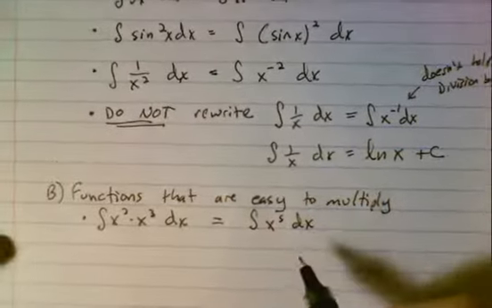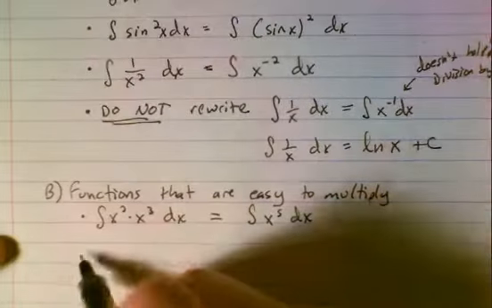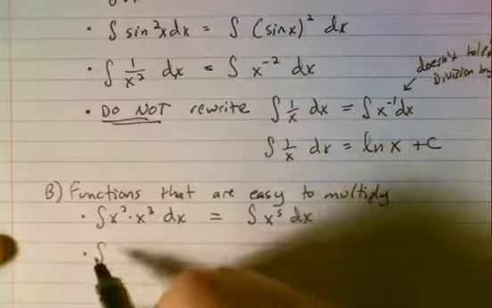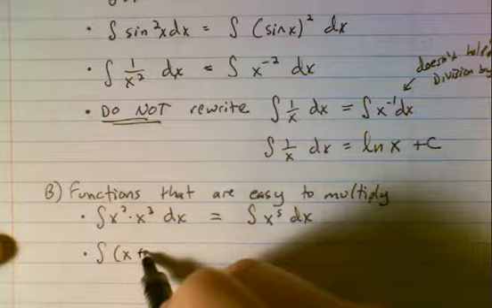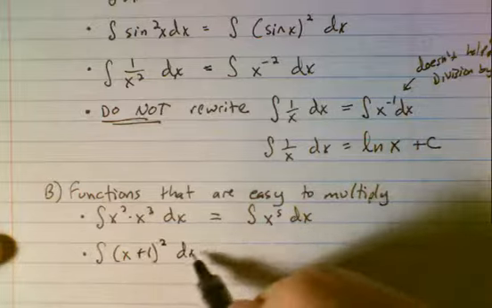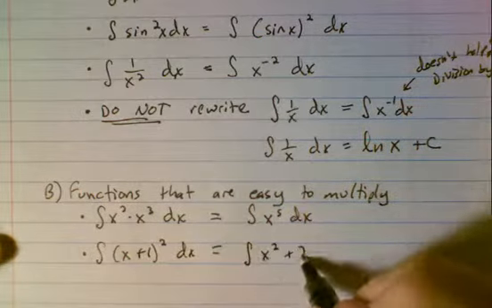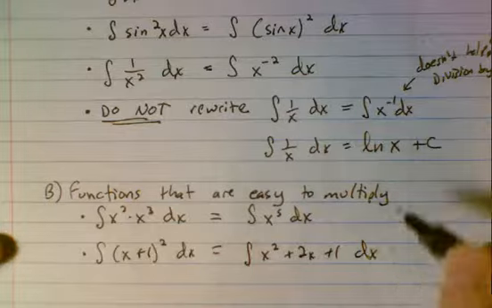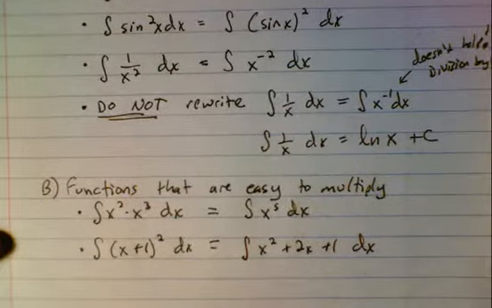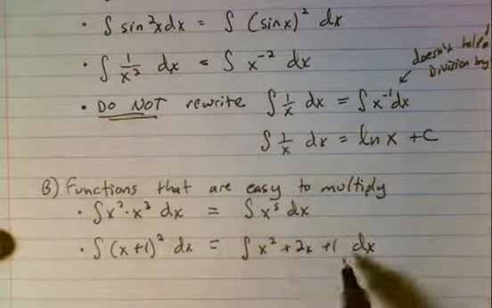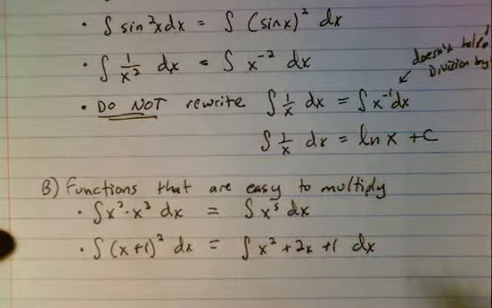That makes it possible to take the antiderivative. What we also saw in earlier lessons, if we have something like x plus 1 squared, we should rewrite that by expanding it so that we have something that we can use the power rule on.